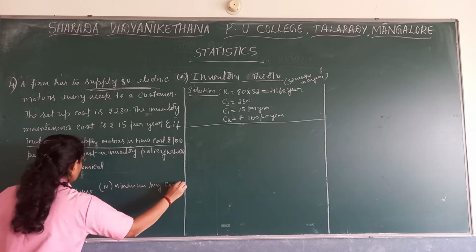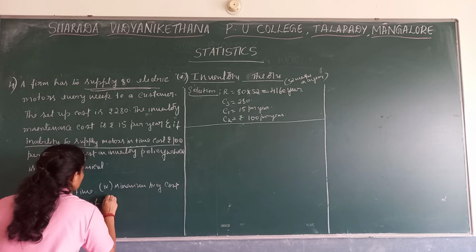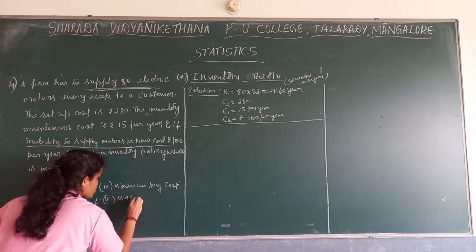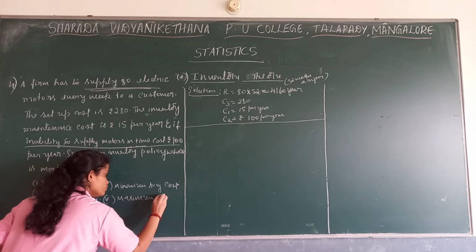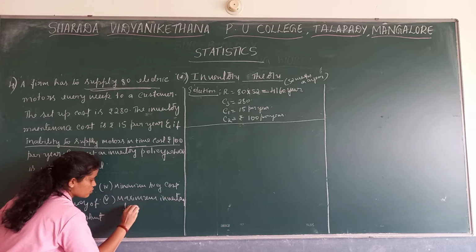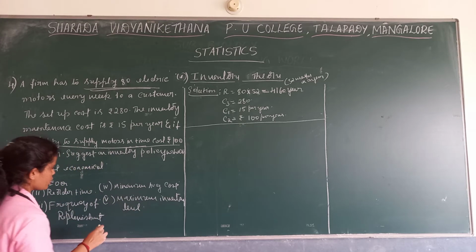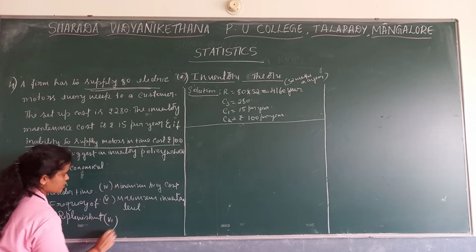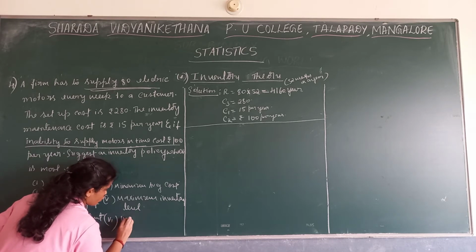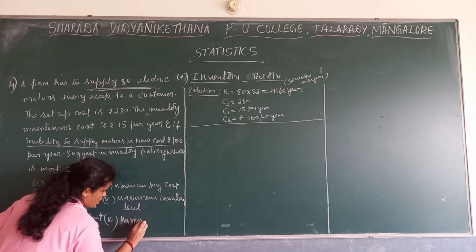Next, fifth one, maximum inventory level. What are we going to calculate next? Next it is maximum shortage level.